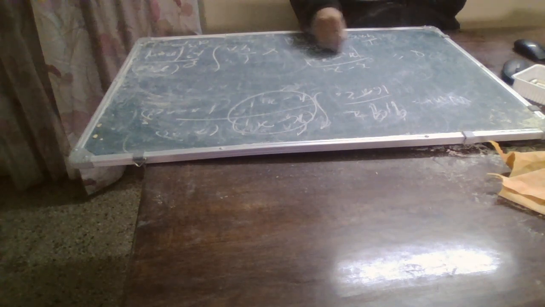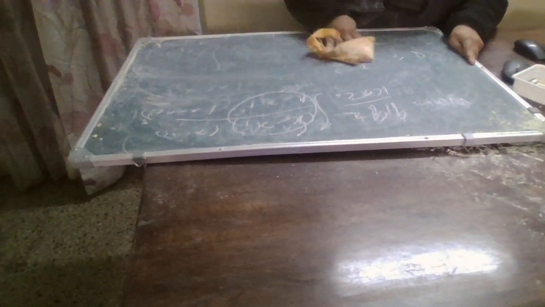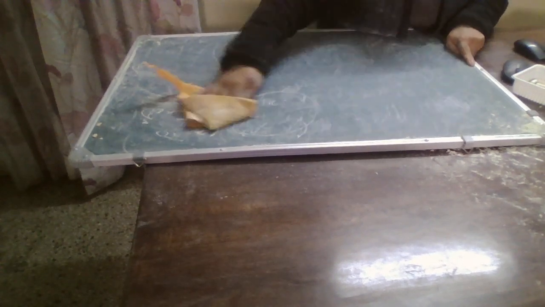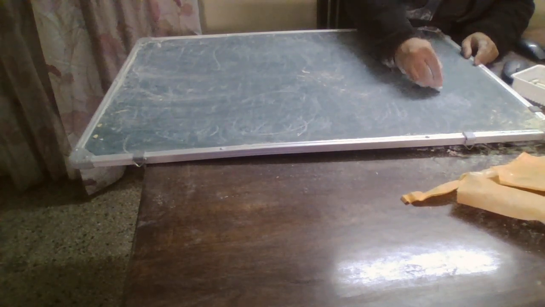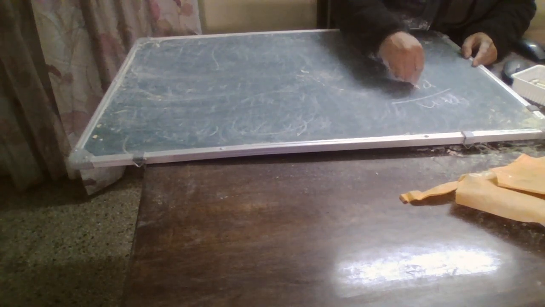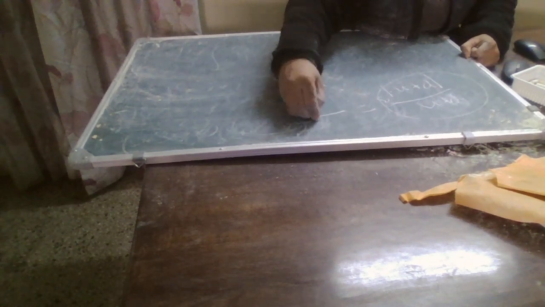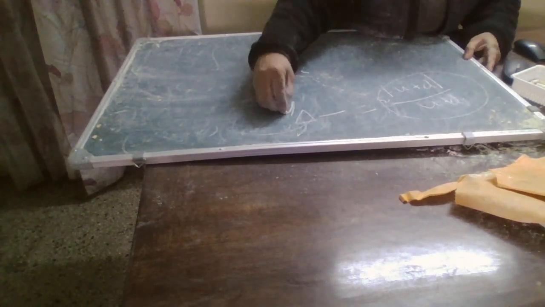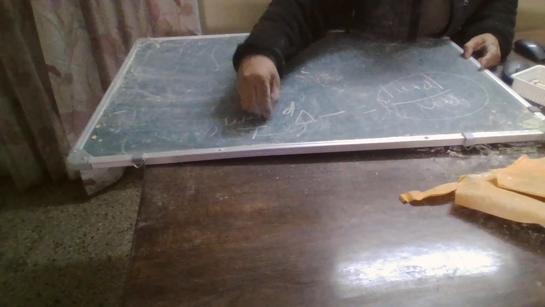Here n is a unit vector in the direction of x1 minus x2. So rho plus n, the whole cube, is basically equal to the negative gradient of 1 upon the modulus of rho plus n.